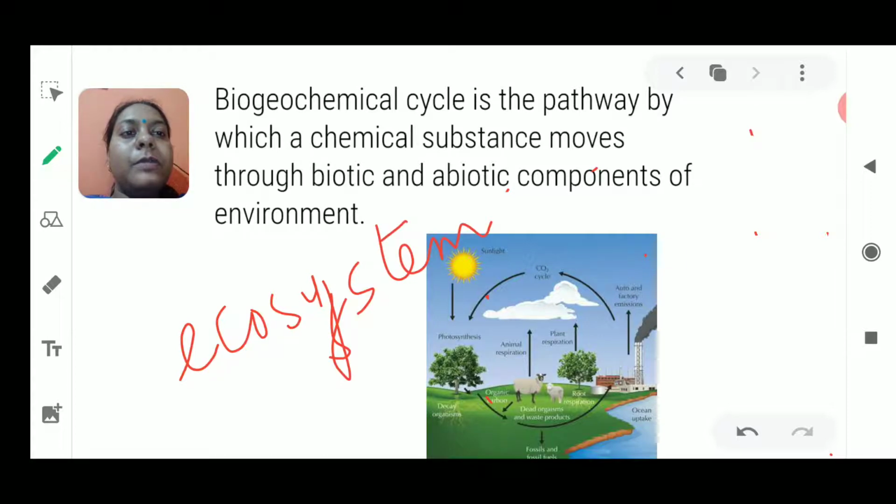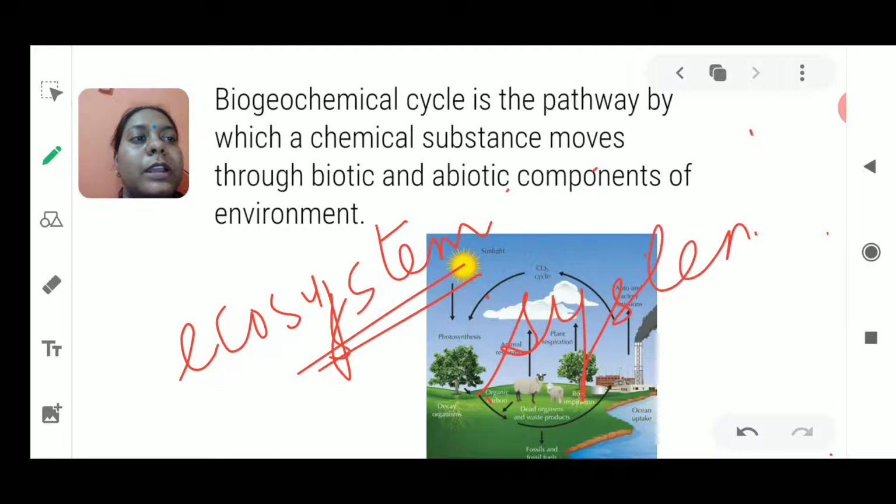Now what do you mean by the word system? What is the meaning of this word? System means something which is related with different levels of people, different people working together in a synchronized manner, where somebody is giving orders and somebody is listening to the orders.